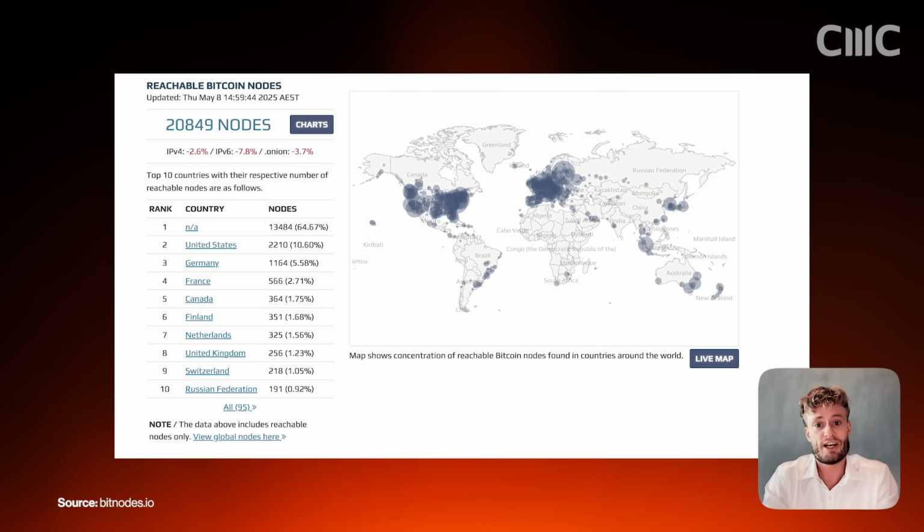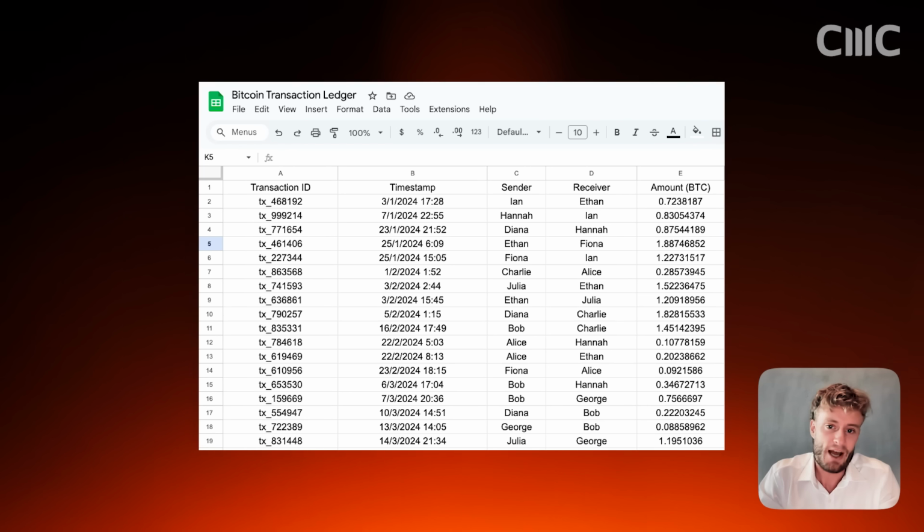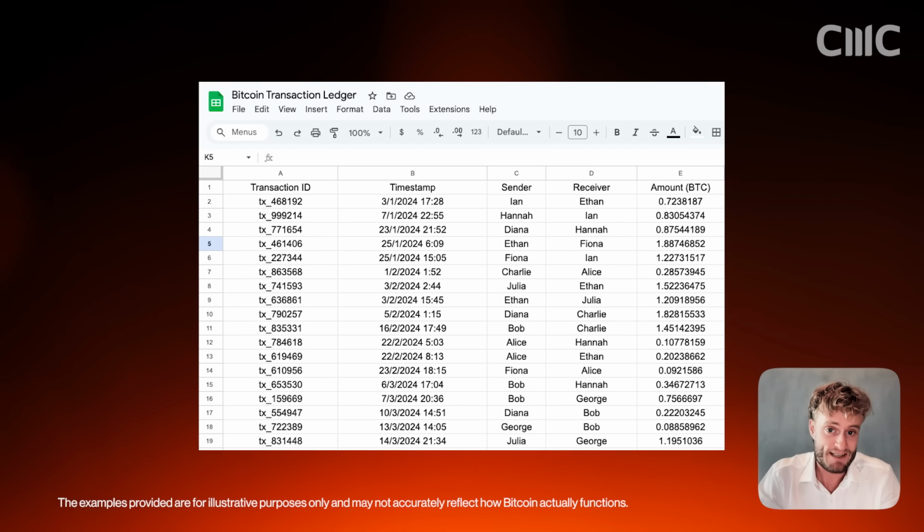Think of it like a shared ledger that records every time Bitcoin changes hands. To make this easier to imagine, you can picture a Google spreadsheet that lists every single transaction. Every node has view access to this same sheet, and whenever a new transaction happens, this sheet updates across all nodes so everyone can see the same thing.